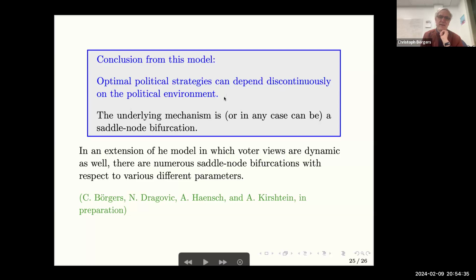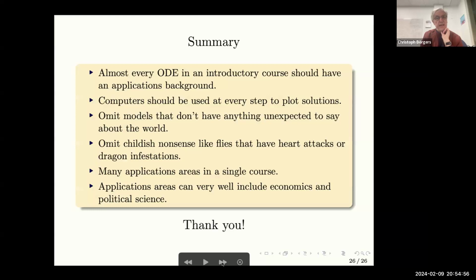And we have many other ways in which such discontinuities arise in a new paper that we're still working on. So this particular mechanism is by no means the only one that generates discontinuities in political strategy or in optimal political positioning. And that's all I have to say. And I think I have used up my time.